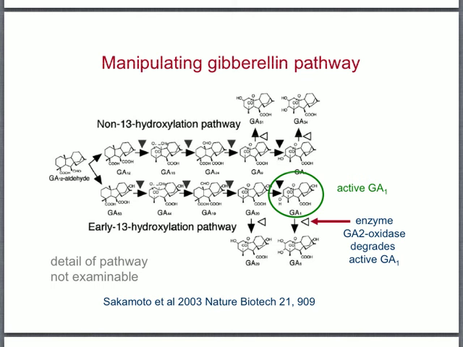So this degrades active GA1. So one approach is to make more of this enzyme available, and that should then, so what would happen then? That's for you to do some predictions on.